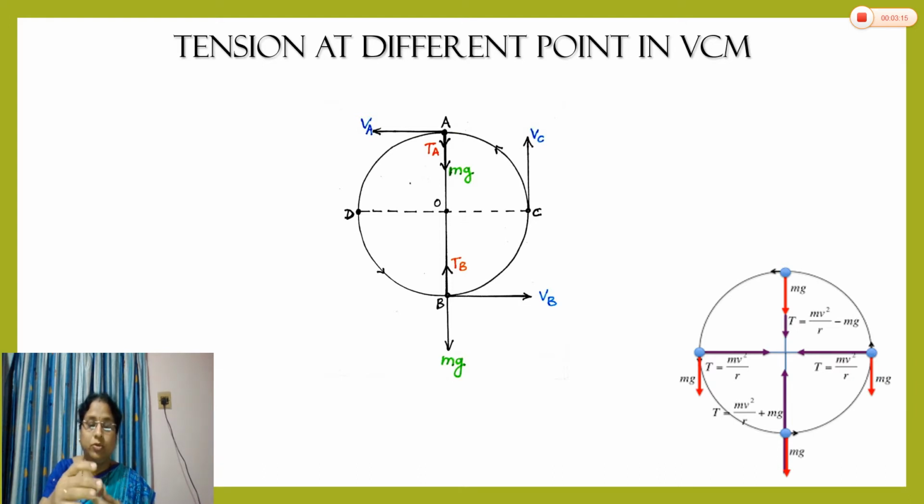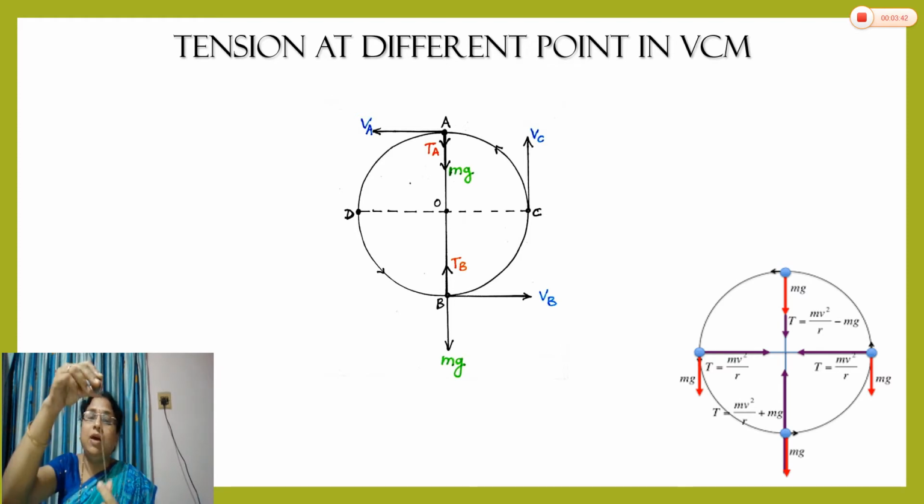For that I show you. See here, suppose this is the bob and it is attached to a string. The length of the string is the radius of the vertical circle, and the object will move in a vertical circle. When the object is at the lowermost position, the tension is directed towards the center along the radius.